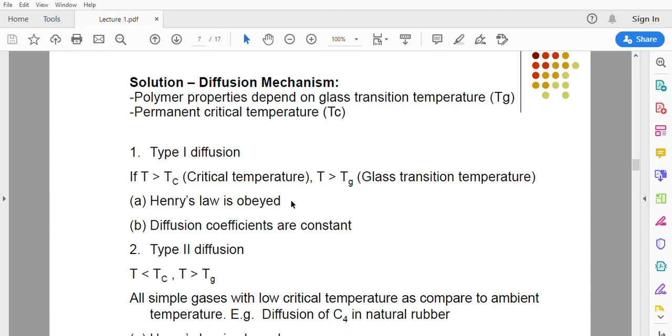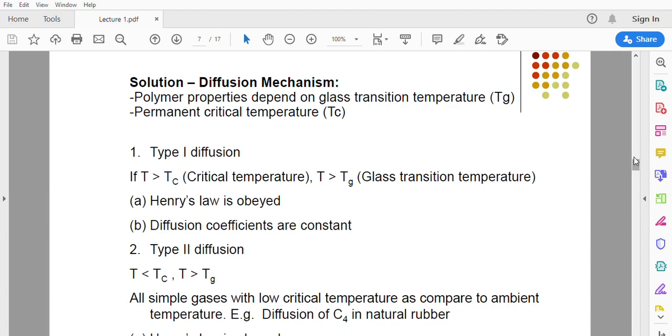And the second thing is that the diffusion coefficients are constant. So we can conclude that if the environment temperature is higher than the critical temperature and the glass transition temperature, then you can use Henry's law to calculate the absorption and desorption coefficients of different species at the membrane surfaces, and you can assume that diffusion coefficients are constant.